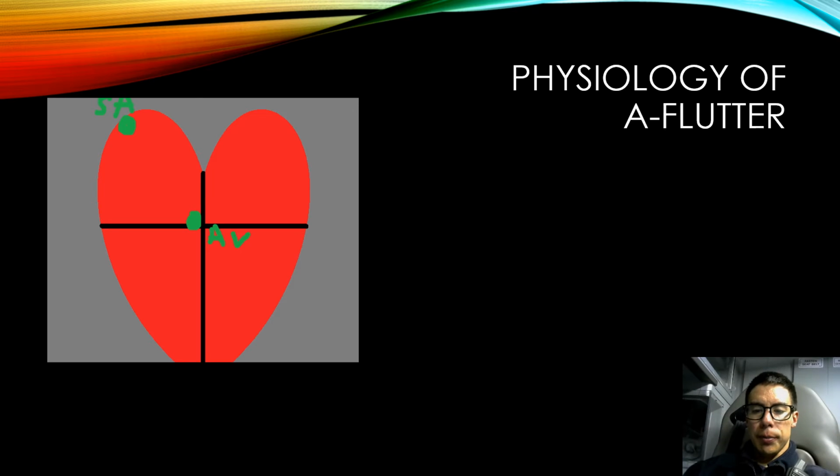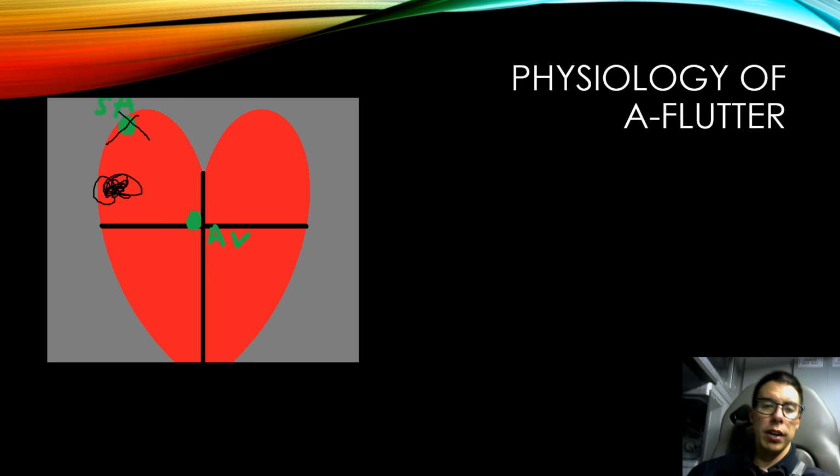So let's say we have an impulse being fired at about here. In that general area is where the pacemaker site is. It took over for the SA node, which is not firing in this case.